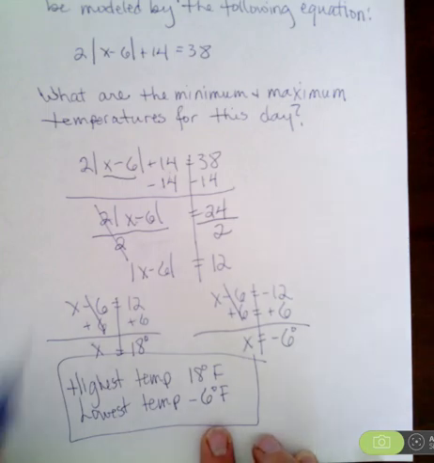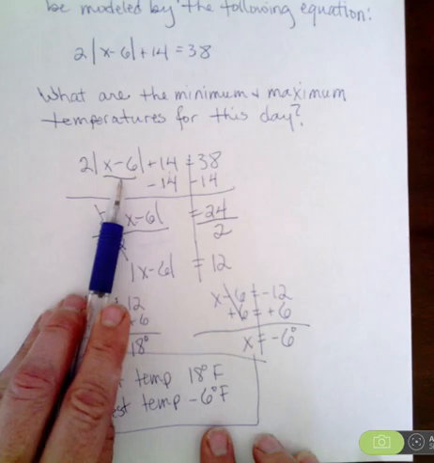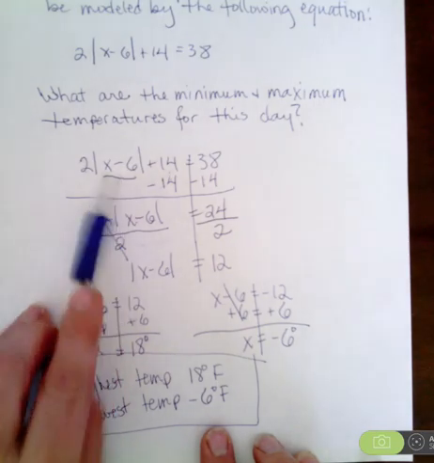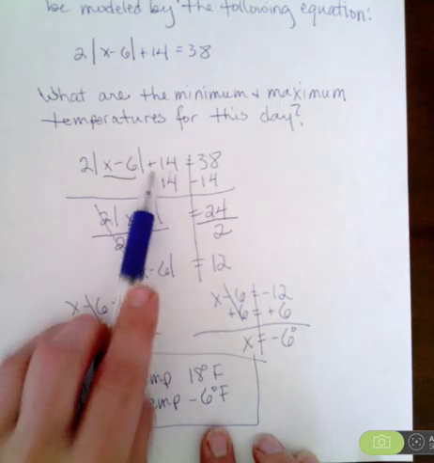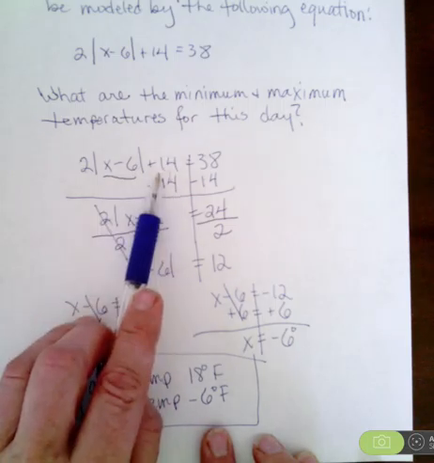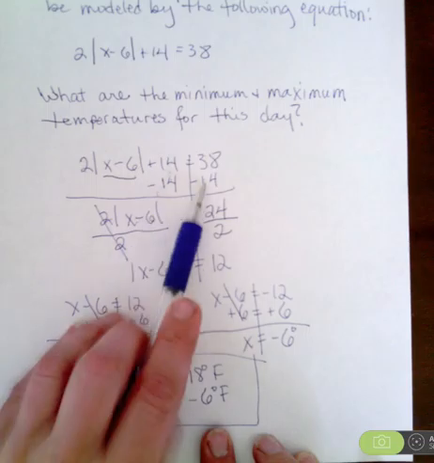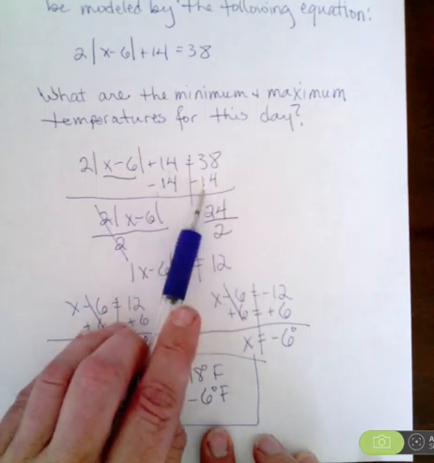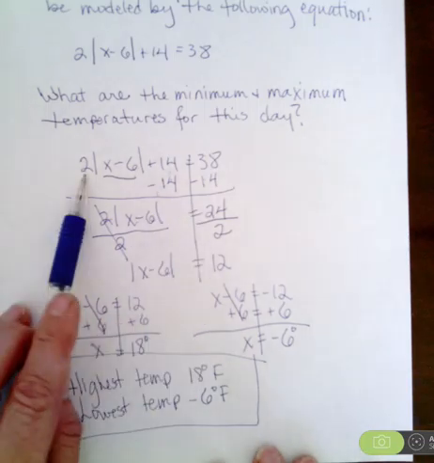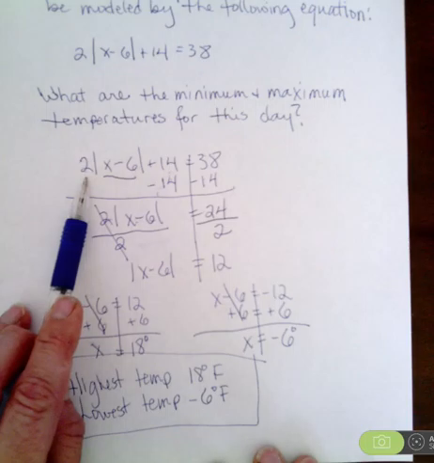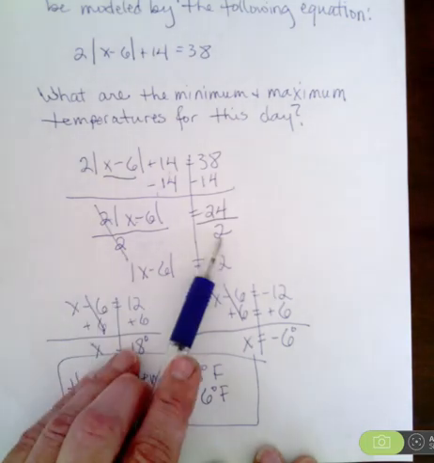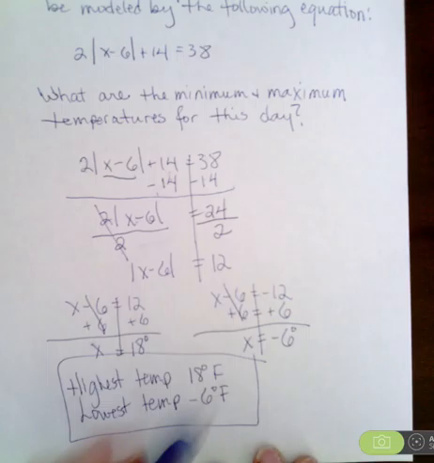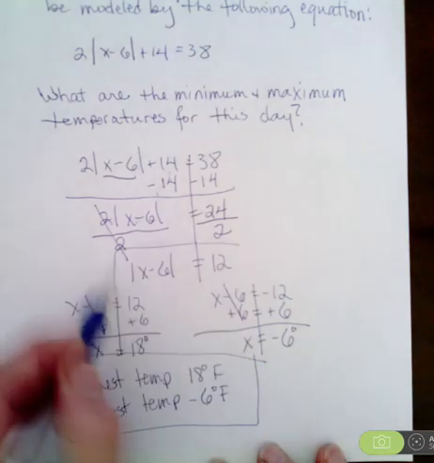So remember, when we're solving for absolute values, we need to get the absolute value portion of the problem by itself. We check to see if there's any addition or subtraction in the problem, and we solve that part of the problem first. Then if there's any multiplication, we undo that by dividing to come up with our new problem.